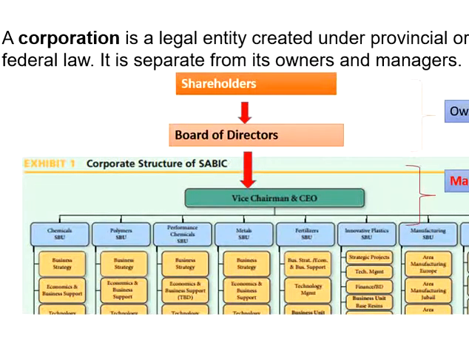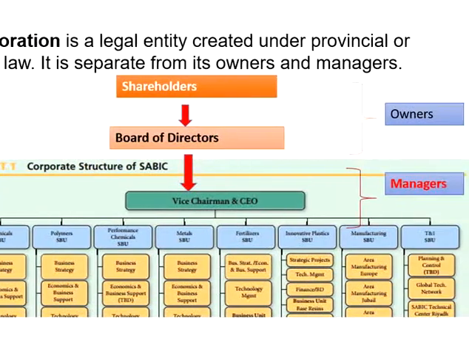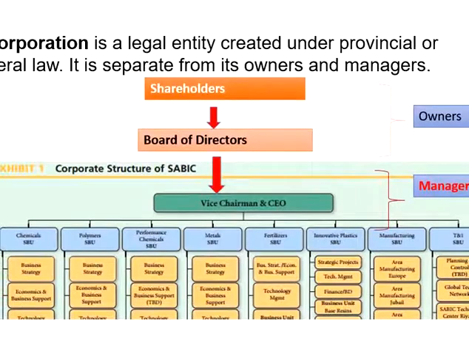He cannot do all these things on his own. So what they can do is assign managers for the chemical unit, for polymer, for performance chemicals, for metals. We call them strategic business units, fertilizers, innovative plastics, manufacturing, and some other units.